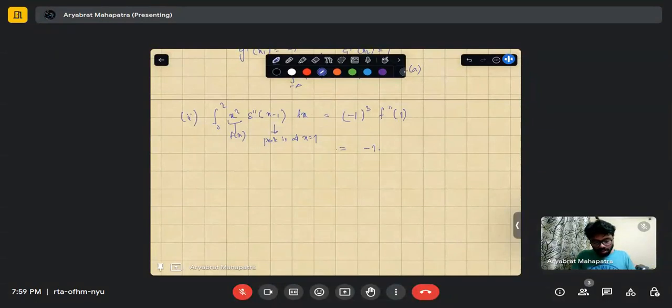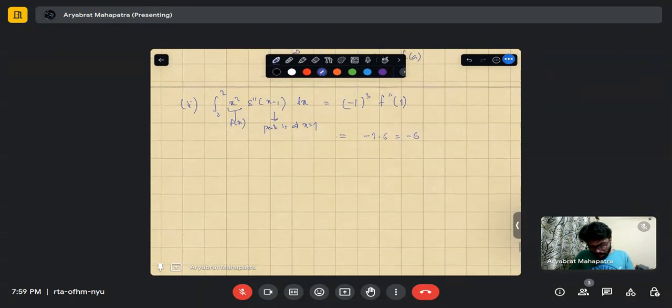But you have to take the value at x equals to 1. So that is 6. So the value of the second integral will be 6.